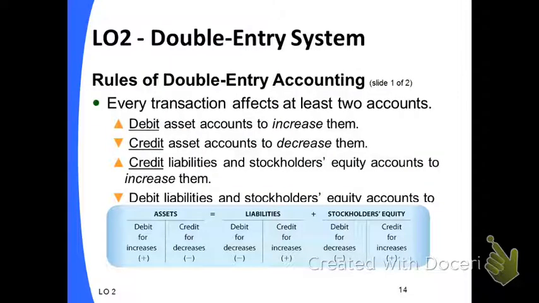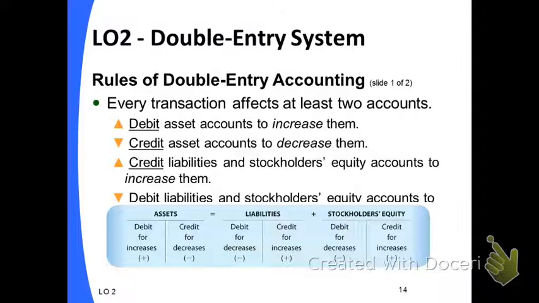The rules for the double entry accounting system are simply that every transaction affects at least two accounts. A debit of an asset account increases that asset account. A credit of an asset account decreases that asset account.